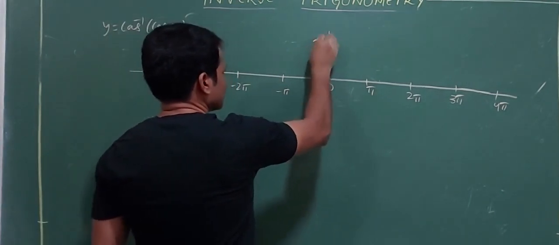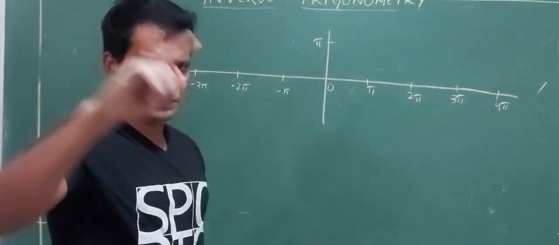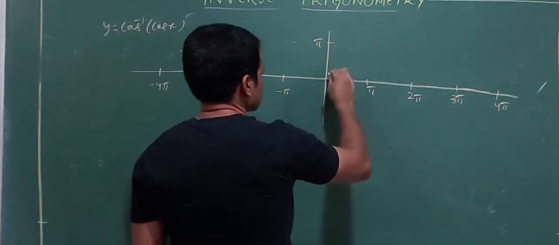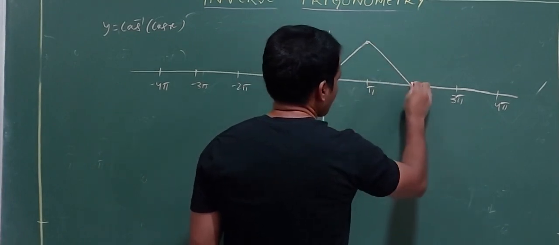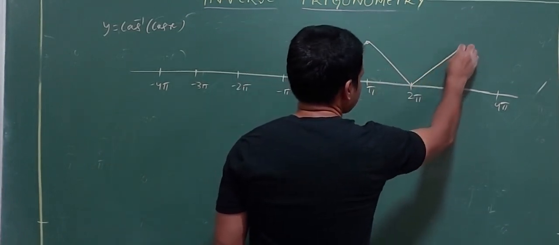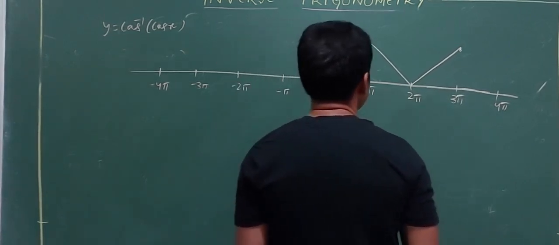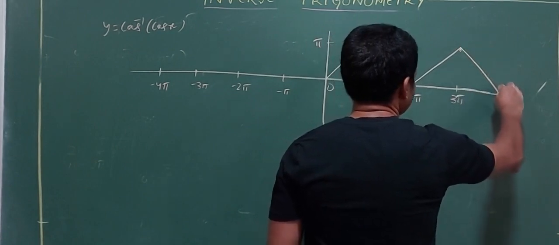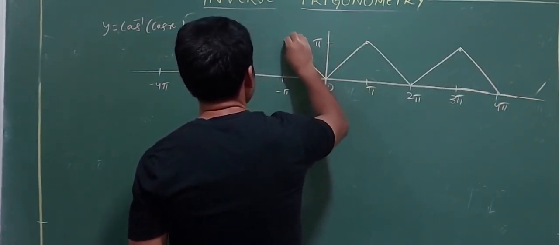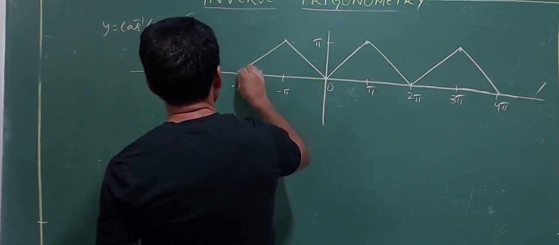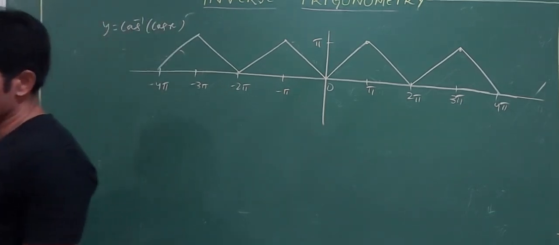Alright? And the graph is continuous. You can remember the cos graph. This is continuous. Understood?